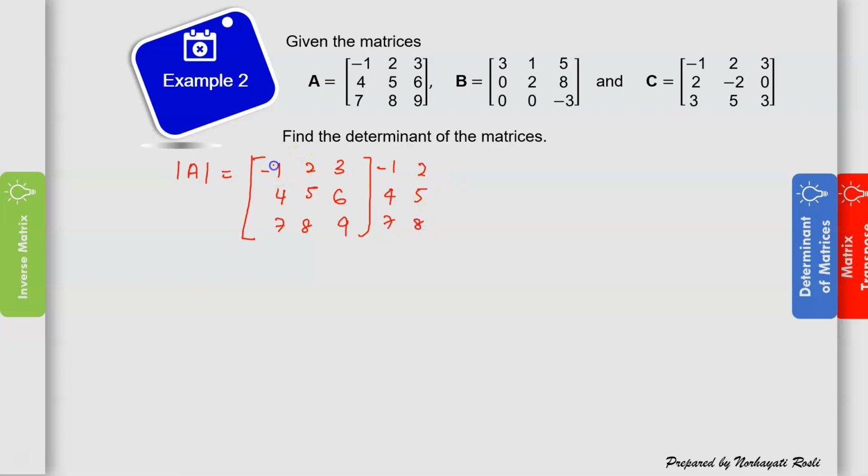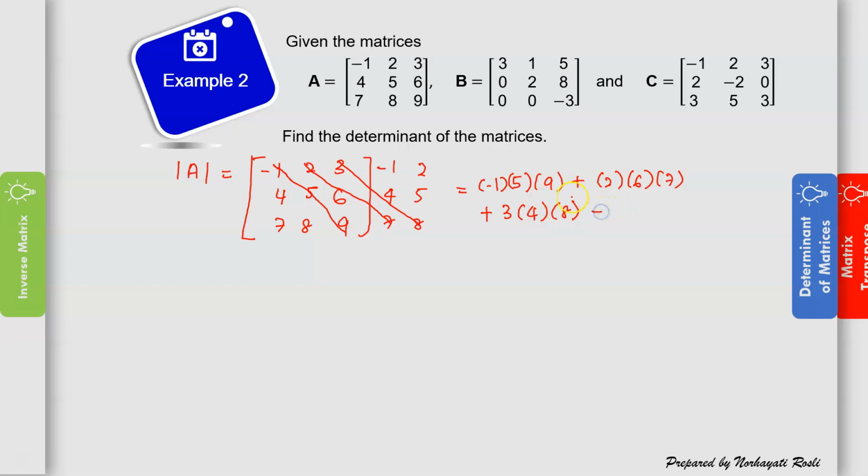And then we can compute by using this diagonal element, and also this one, we'll get negative 1 times 5 times 9 plus 2 times 6 times 7, and then plus 3 times 4 times 8.